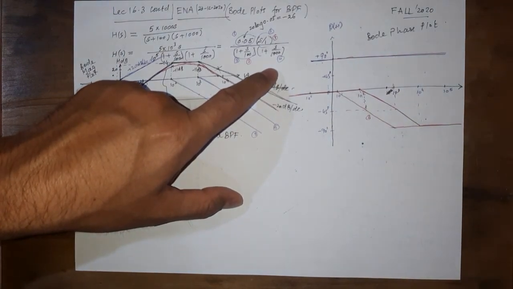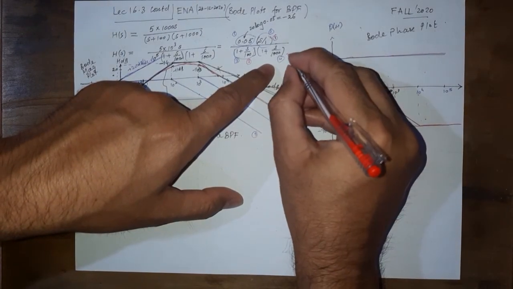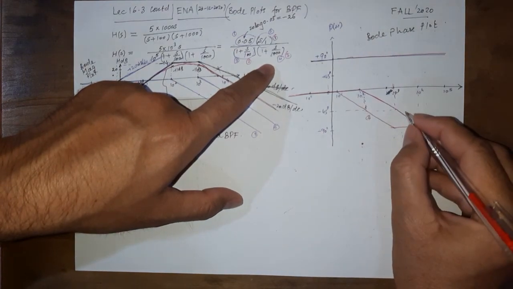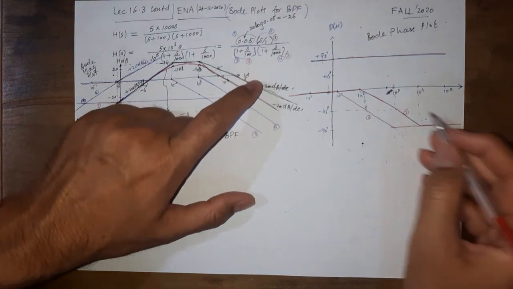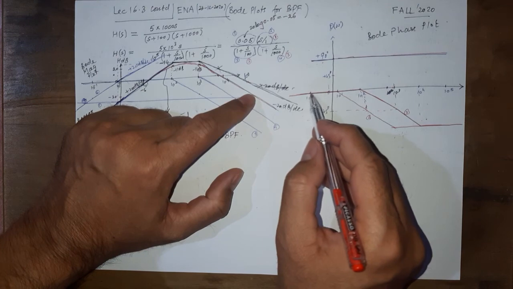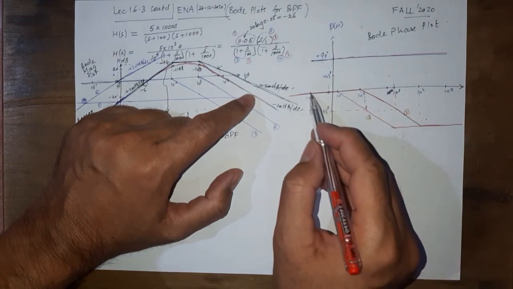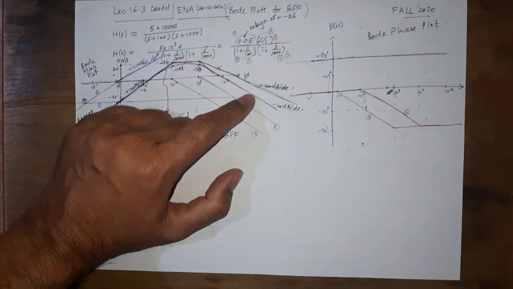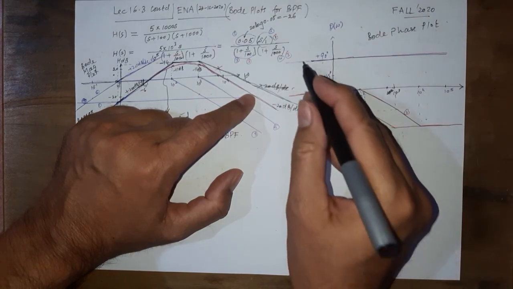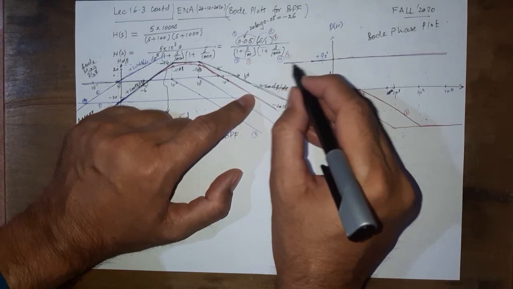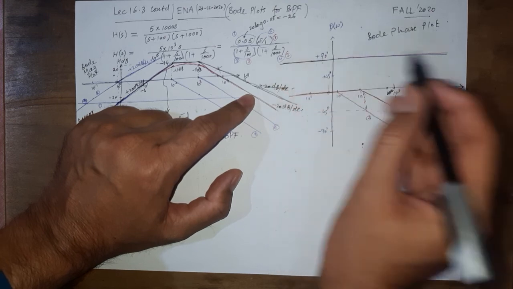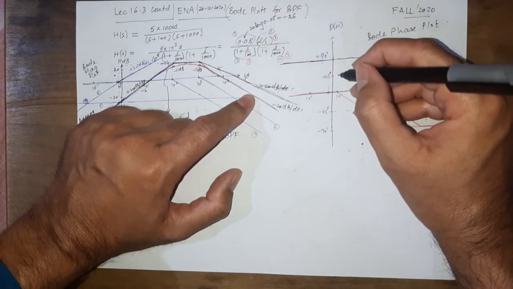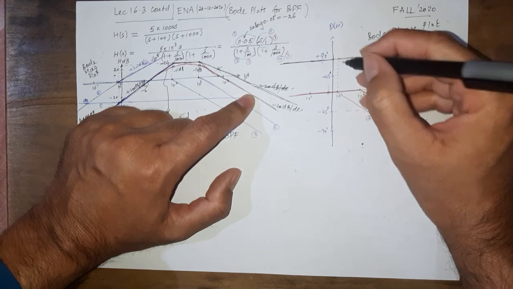Now, what is really of importance is to understand how we are going to add these together. So look at this part. These two curves are both 0. However, this is plus 90 degree. So what would be the sum of 0, 0 and plus 90? It would be plus 90. So the plus 90 would stay and go on until something happens. So that something happens here.